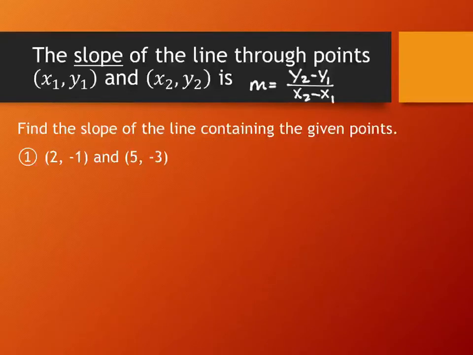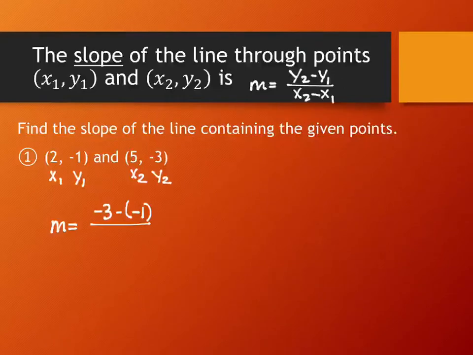So we've got an example here. We have the points (2, -1) and (5, -3). I usually just go in order of what they're given to me as. So (x1, y1) here, and (x2, y2) here. If we're finding the slope, we will take the second y value, which was -3, subtract the first y value, which is minus -1.